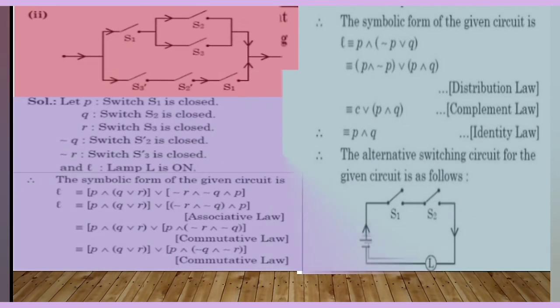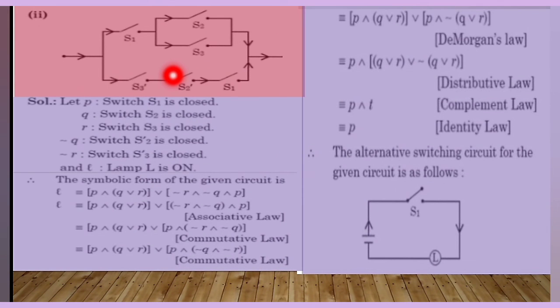Next question. Here a circuit is given; first write the symbolic form of this circuit and again write its diagram. Let's see the solution. P is the statement. First count the statements: S1, S2, S3, S3 dash, S2 dash and S1 dash.